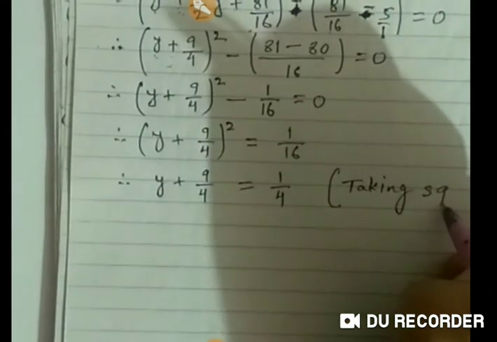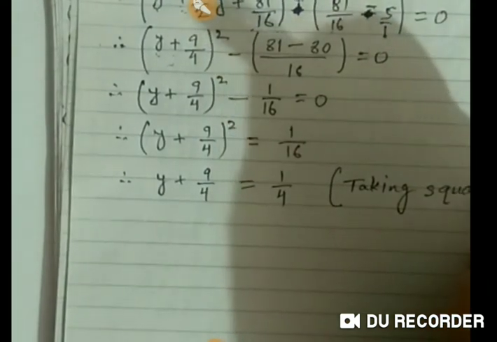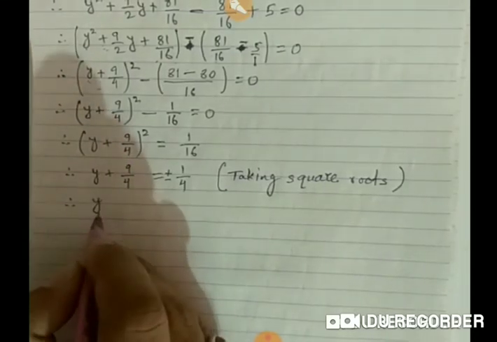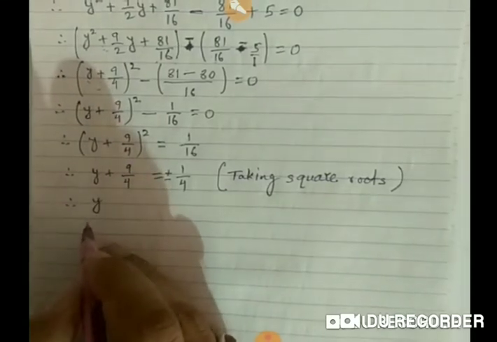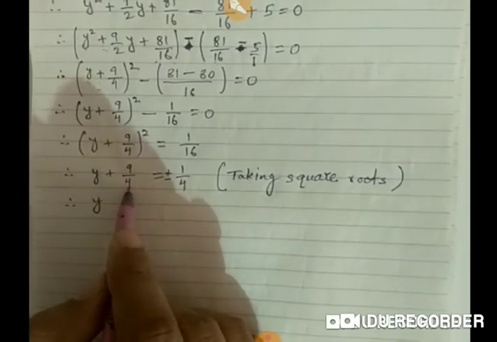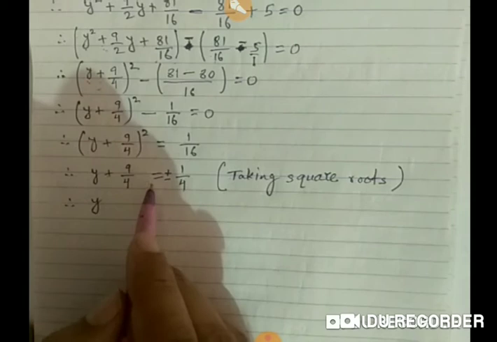Now here you can mention, taking square root, y stays in its place, and this is plus 9 by 4. This plus 9 by 4 can be transposed to this side.